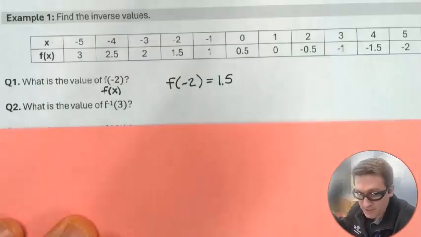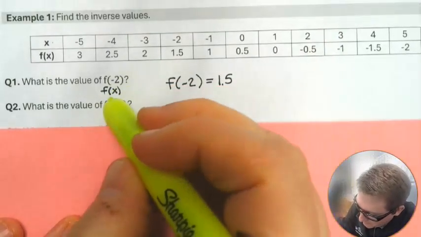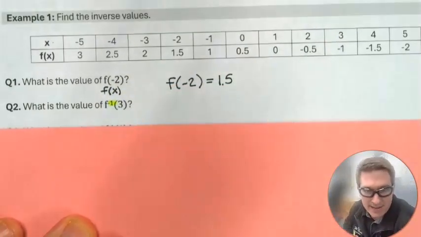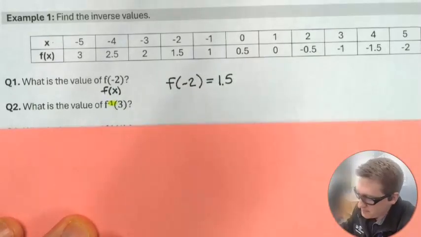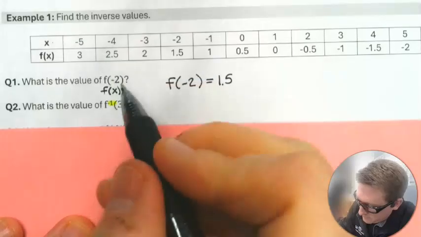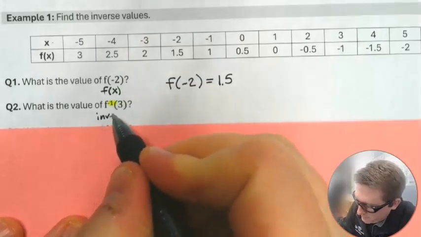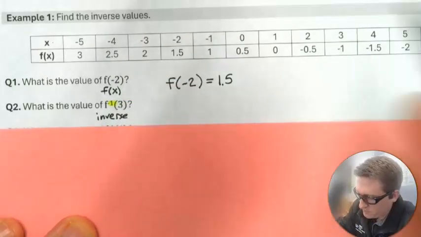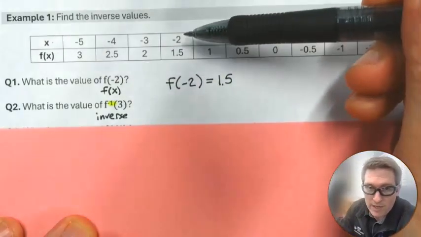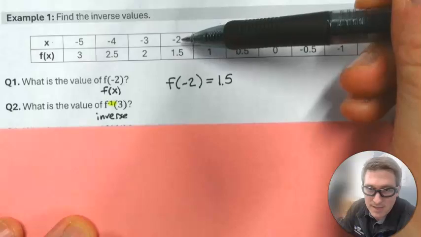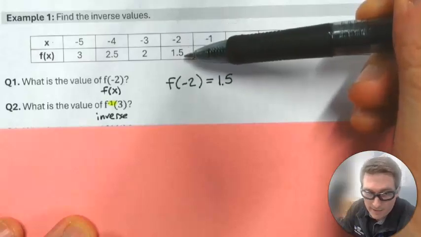So f of -2 is 1.5. Now, the next question is slightly different. You're going to notice that it's got a -1 up here in the superscript. And that means it's an inverse function, right? Now, I want you to kind of think of the motion we did here. When we were finding the function, we went to x and found the y.